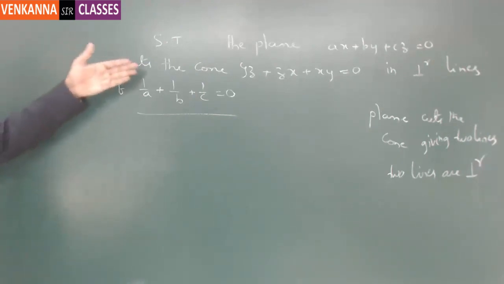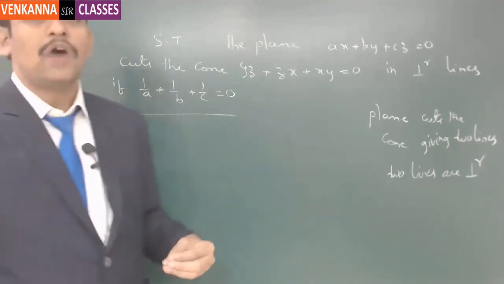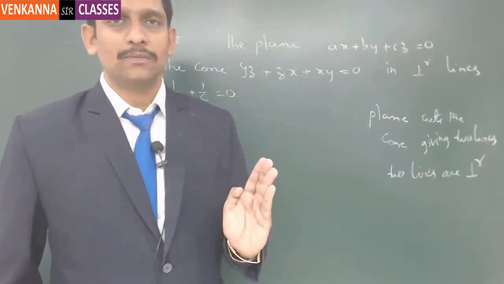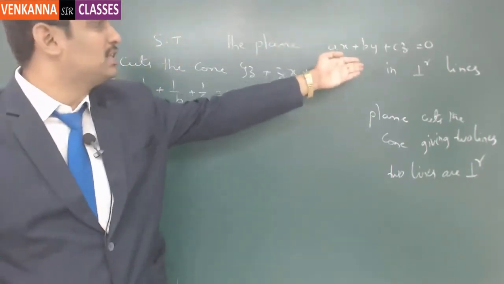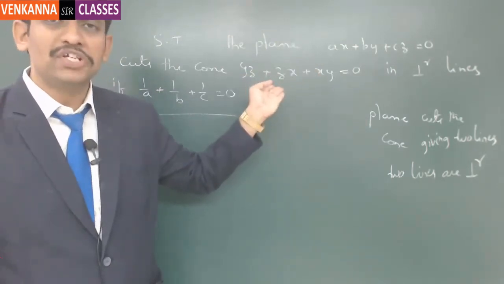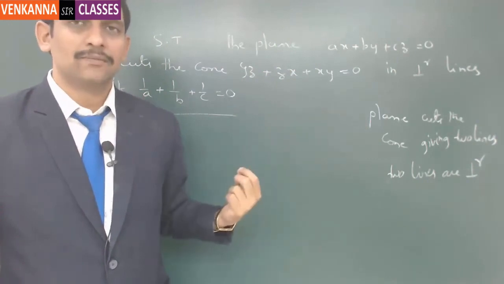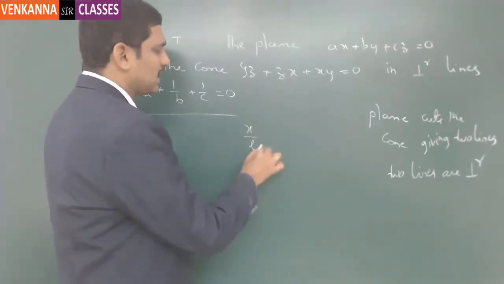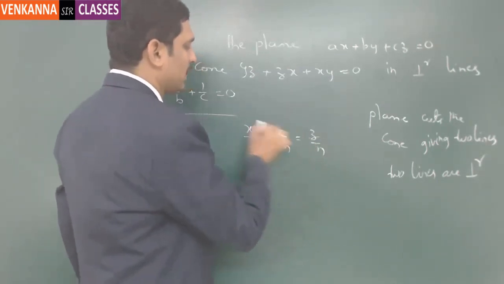So the approach of the problem is very similar. We need to know how to calculate the lines when a plane cuts the cone. If you observe, the plane passes through the origin, and from the cone equation the vertex of the cone is nothing but the origin. So you consider the generator equation as x by l equal to y by m equal to z by n.